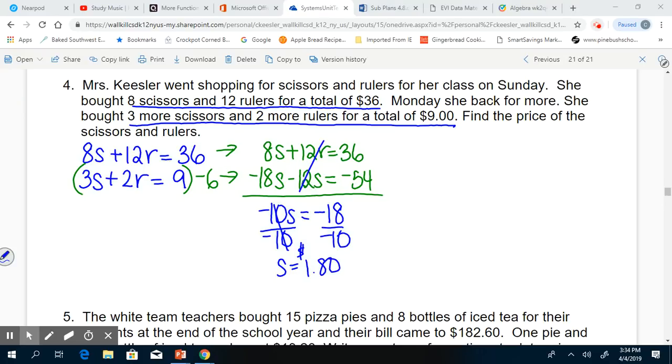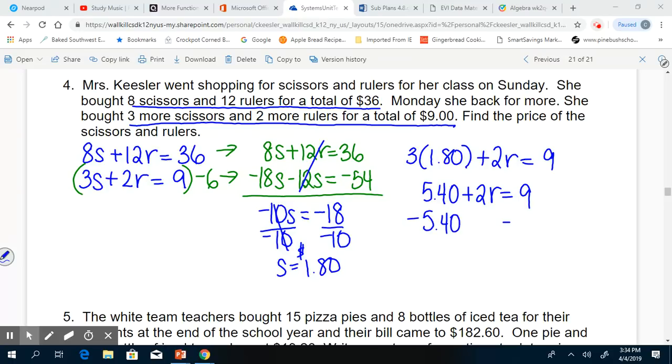So now we want to plug that back in to get the price for rulers. So I'm going to plug it into my second equation. So we have 3 times $1.80 plus 2R equals 9. And 3 times $1.80 is going to be $5.40 plus 2R equals 9.